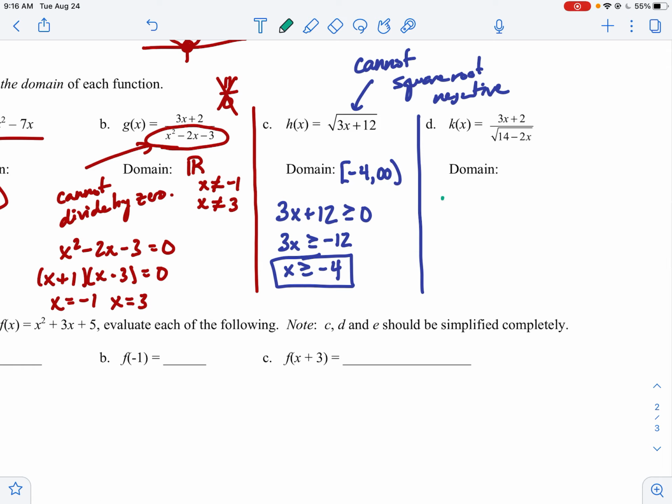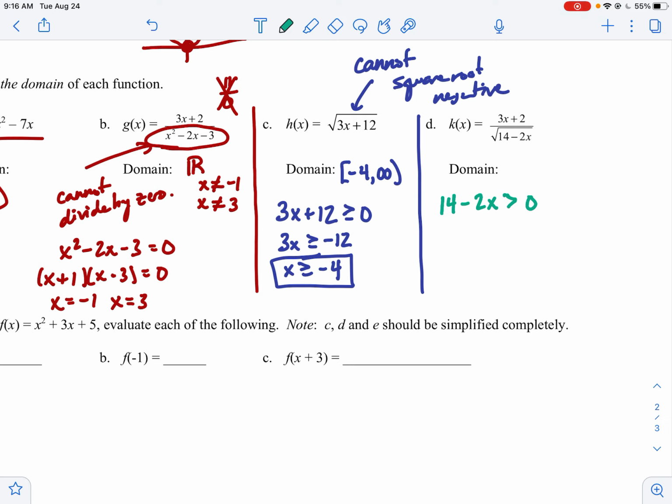So as before, I can say, well, hey, 14 minus 2x, that's under the square root. So I know that has to be greater than or equal to 0, right? I can only take the square root of things that are greater than or equal to 0. Ooh, but this time it's in the denominator of a fraction. So that means, boop, I actually just want to know when it's greater than 0 because it can't equal 0 either, right?